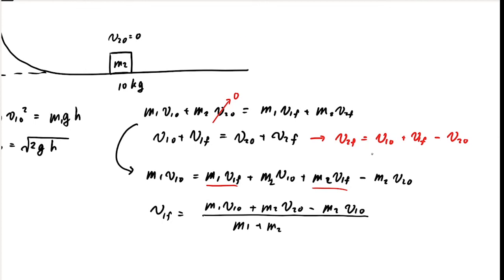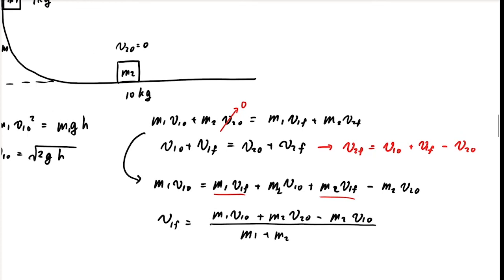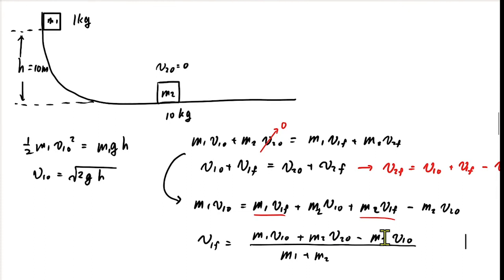And then numerically plug in the numbers that we have here, and you get the numerical value. Do you see this will be a negative number? Because M2 is big compared to M1, and V1 original is something, and V2 original is equal to 0.